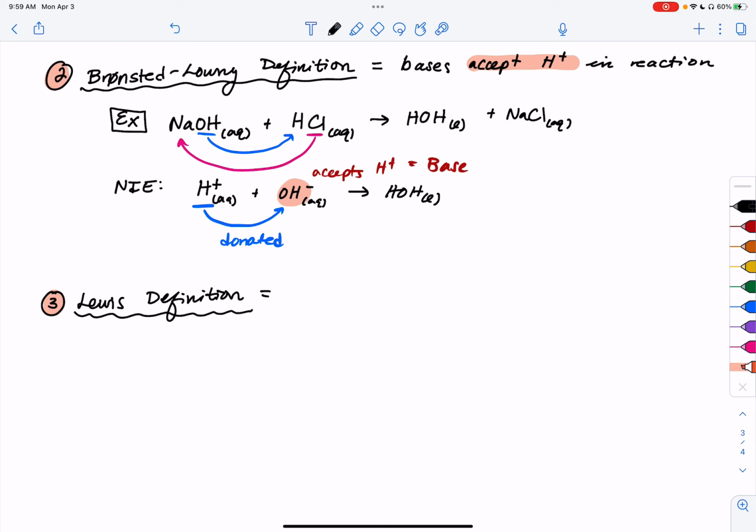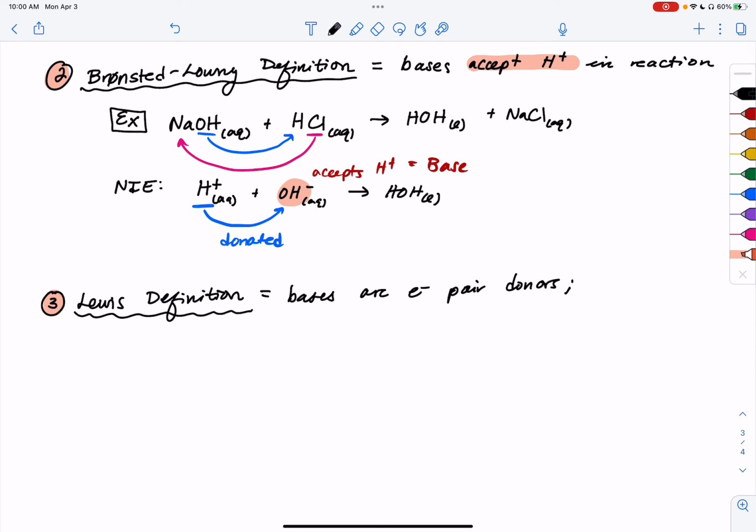In a Lewis base, bases are electron pair donors, meaning these are the substances that are the source of the electron pair that forms our coordinate covalent bond.